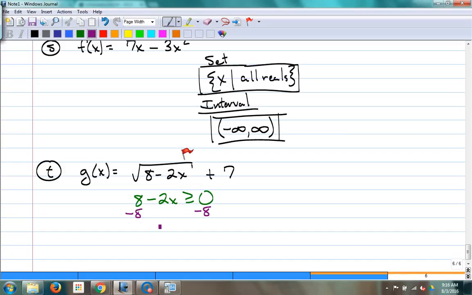Minus 8, so negative 2x greater than or equal to negative 8. Okay, so yeah, you got to flip the symbol. X is less than or equal to positive 4. So our set notation is just curly braces x such that x is less than or equal to 4.